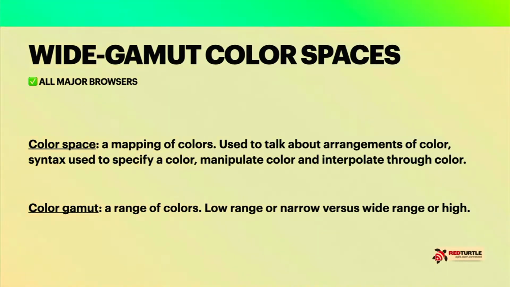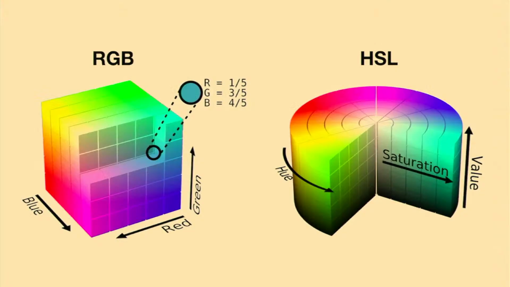So when we talk about a wider color gamut, we're talking about how wide the triangle from before was, so the number of representable colors. The color space is actually how you write that color. An example of color spaces is this one. I'm not going really deep into the complex ones, but just to clarify the naming. So RGB was actually a cube, more or less, and it's 3-dimensional.